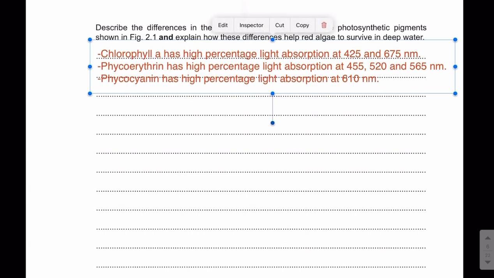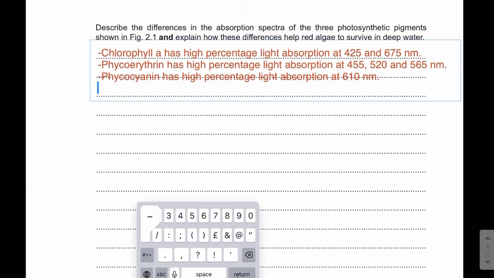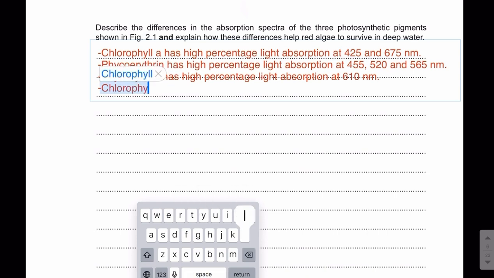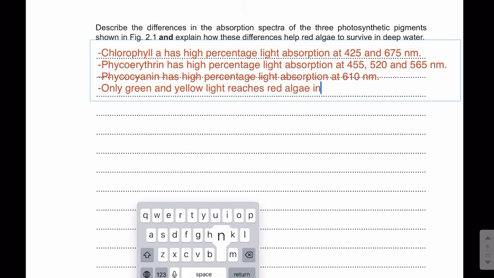We need to mention that first we can write that only green and yellow light reaches red algae in deep water.